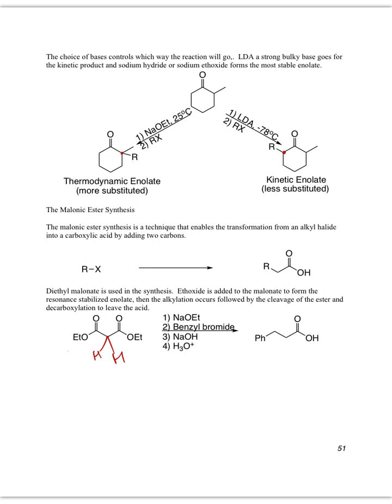So we can have, in the first step, the ethoxide pull off the hydrogen to give us the enolate.